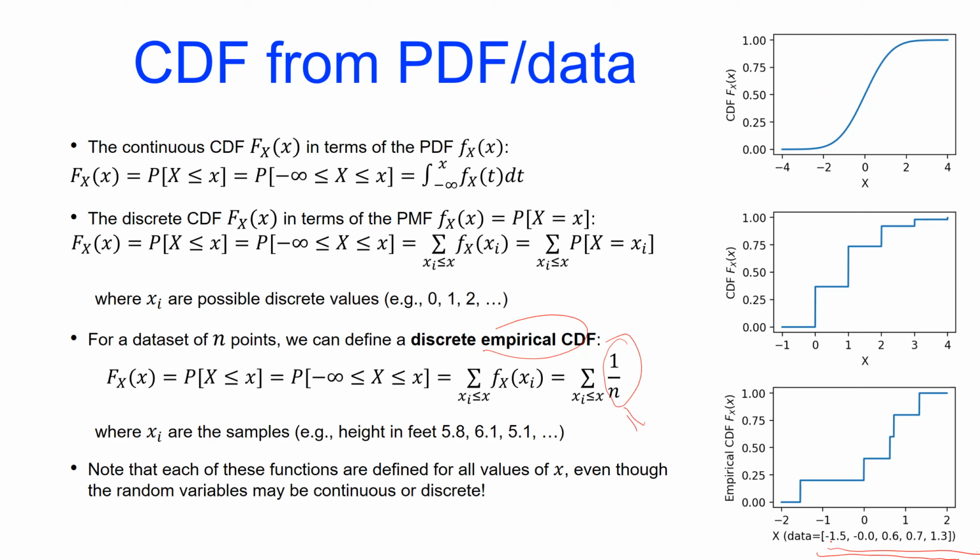If I have negative 1.5 as the first point, maybe I draw here. I move along my real line and see, oh, this is negative 1.5. I will say this contributes 1/5 to my CDF. Before that I have no observation.